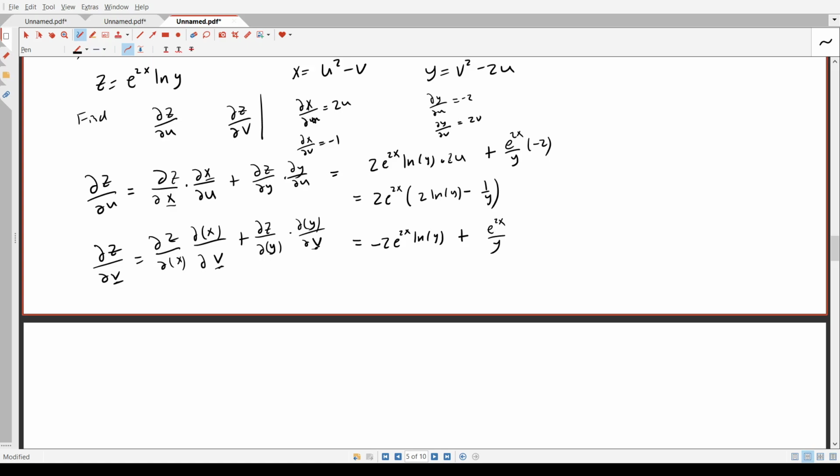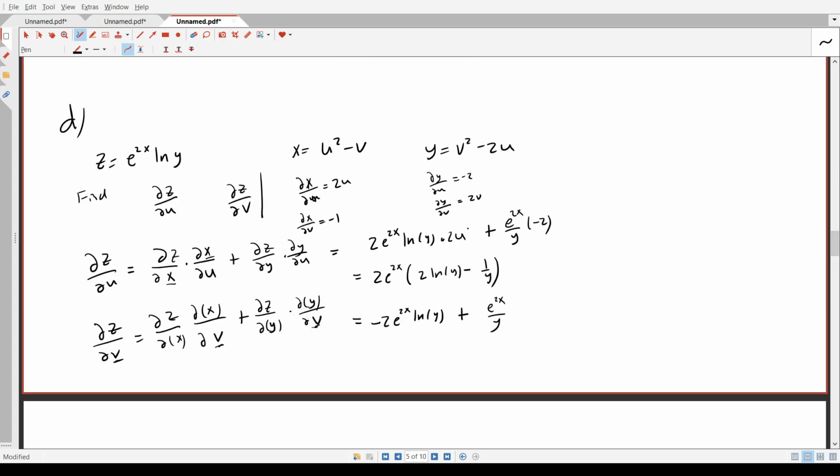Where did my u go? It looks like I lost this u somewhere, so that should be ln, I'll just put it up front, so that's going to be 2u. Okay, times, so I said dy/dv is going to be 2v, so I multiply by 2v. And I can simplify this as 2e to the 2x times minus ln y minus 2 ln y plus, nope, I factored out that too, v over y.